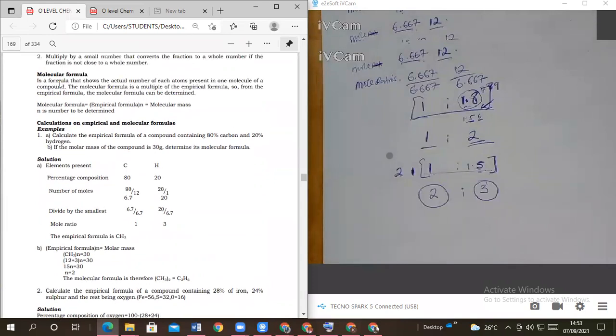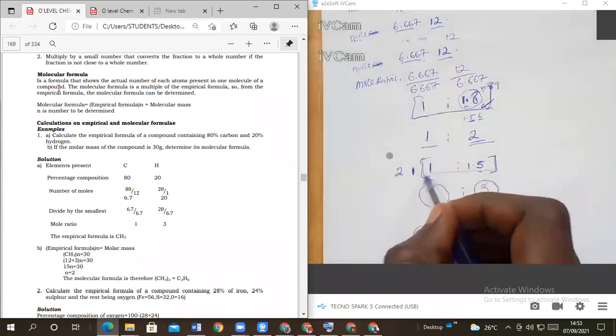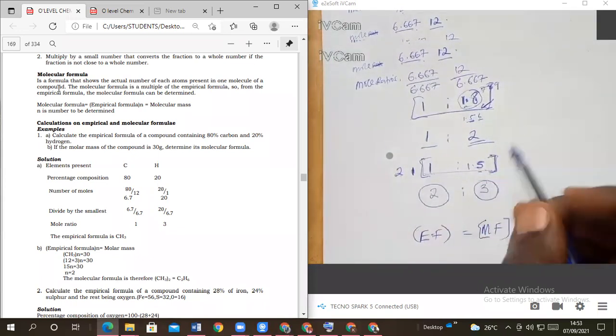Before we go to an example, I want to clarify something on this molecular formula. If the empirical formula is like this and you want to get the molecular formula, what do you do? Now you have reached here. This is your empirical formula, isn't it? You want to get this.